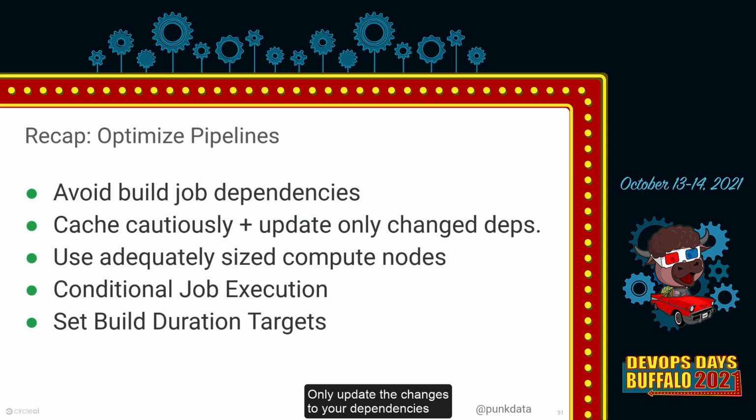Only update the changes to your dependencies or to your code. Don't update all the things. Use adequately sized compute nodes within your CI/CD jobs. You want to ensure that you have enough horsepower to execute the things you're trying to execute. Then run conditional job execution, so that your pipelines run in a logical manner. And finally, set build duration targets so that your thresholds are acceptable within your software development lifecycle and your CI/CD continuous delivery processes.